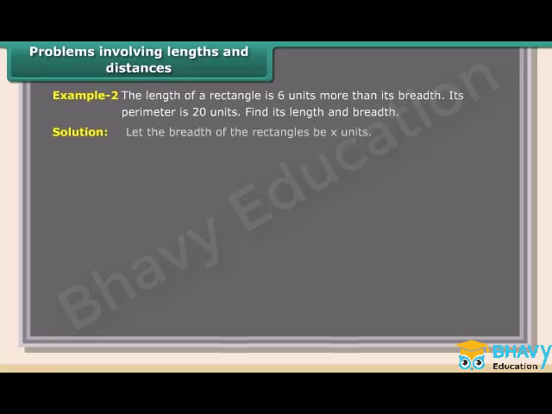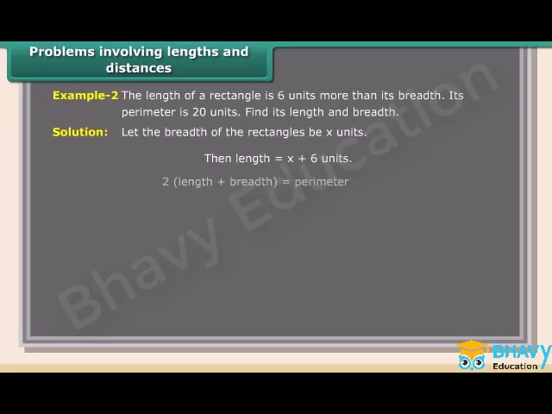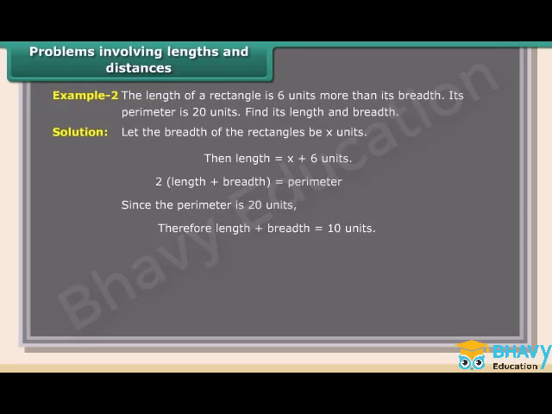Solution. Let the breadth of the rectangle be x units. Then length is equal to x plus 6 units. 2 into length plus breadth is equal to perimeter. Since the perimeter is 20 units, therefore length plus breadth is equal to 10 units.